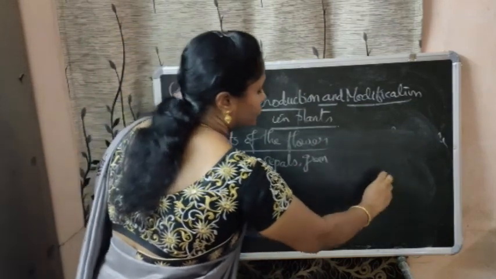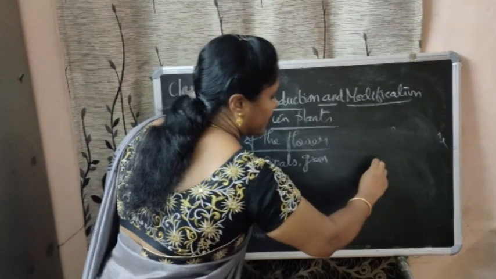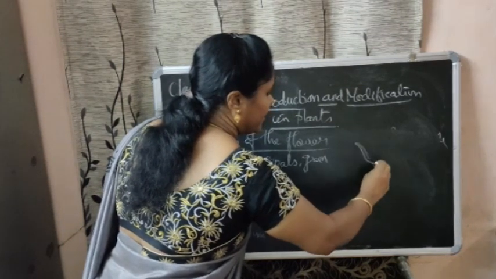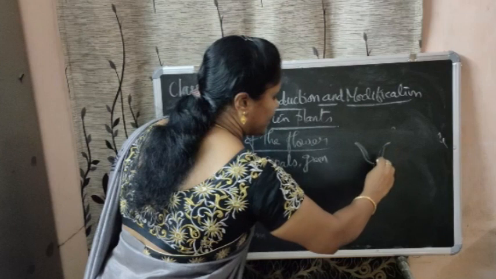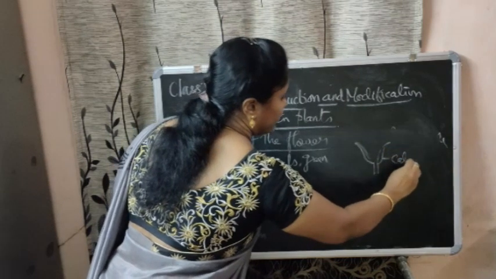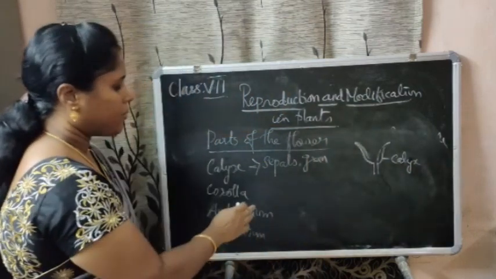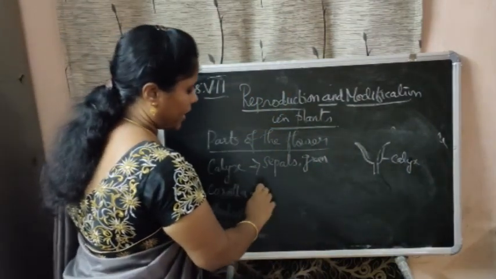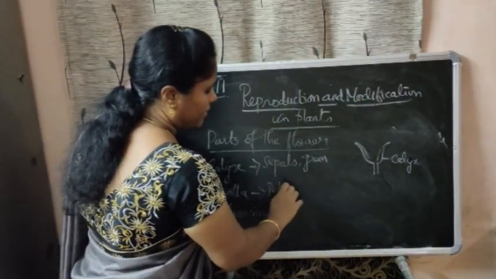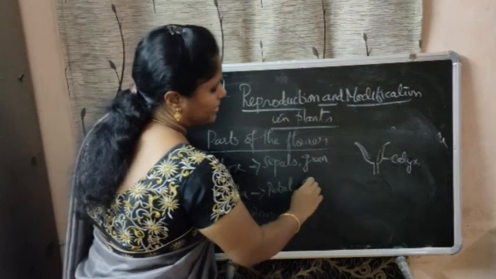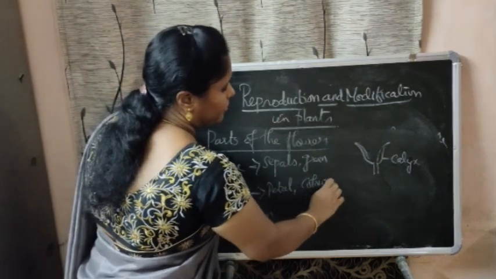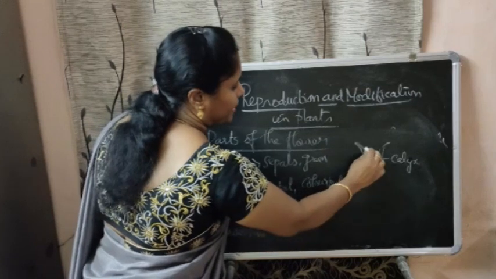Already you would have seen a flower. This is the green part of the flower, the calyx. And corolla is also called petals, and this is the colorful and large part of the flower.